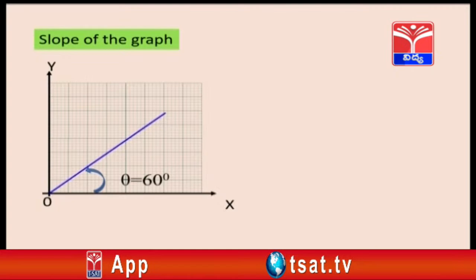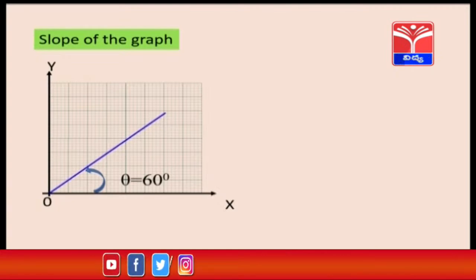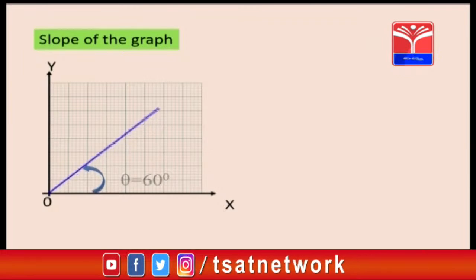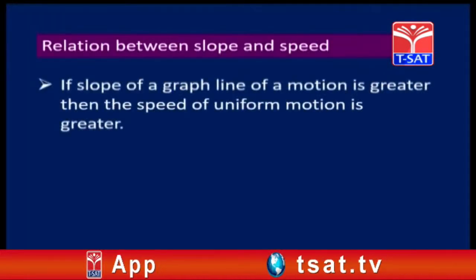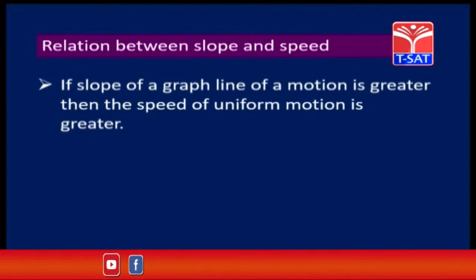Means if the slope of a graph line of a motion is greater, then the speed of the motion is greater.